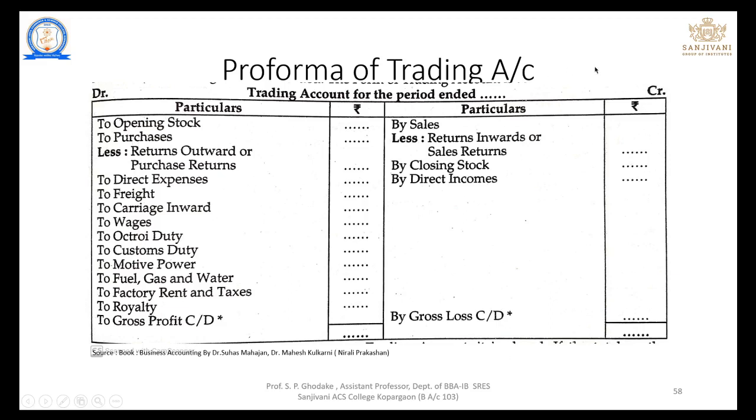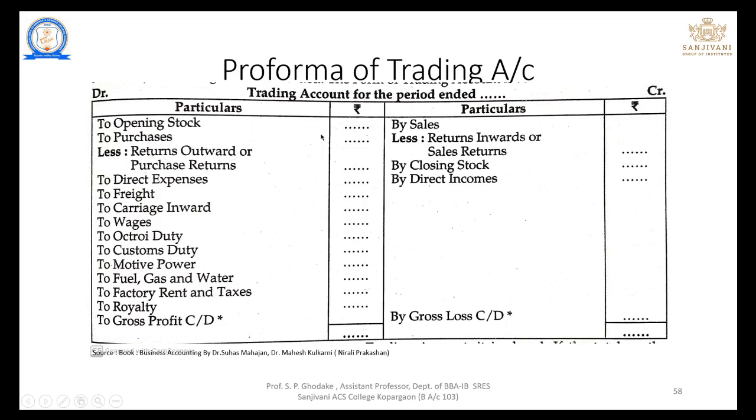In detail, the pro forma is like this. We have debit and credit sides, and we have particulars and amounts. There are 4 columns. On the debit side of the trading account we have the opening stock, then the purchases. From the purchases we have to reduce the return outwards or the purchase returns.